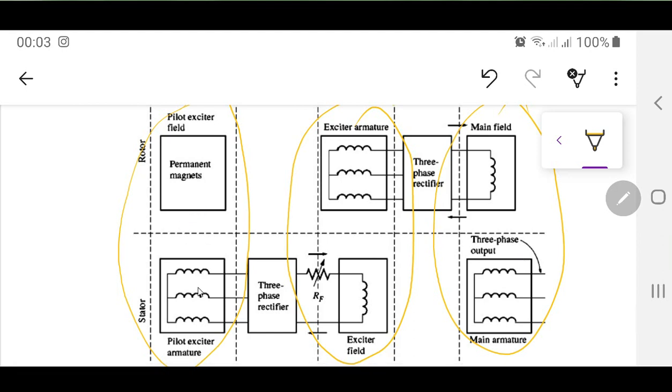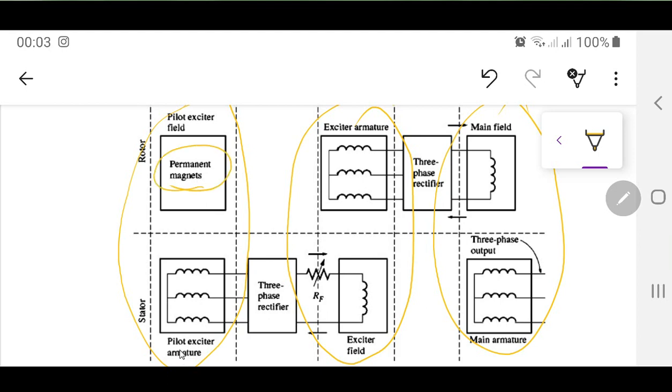On the stator you have a pilot exciter armature, a three-phase winding, which is again being rectified, converted into a DC supply, and that DC supply is going through an inductor or a winding, supplying that exciter armature.